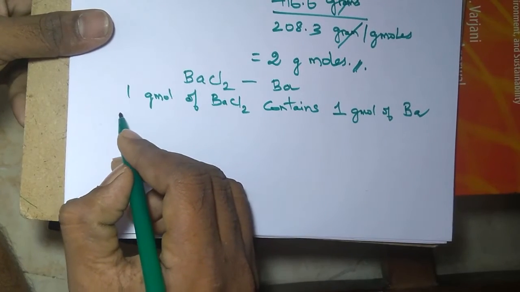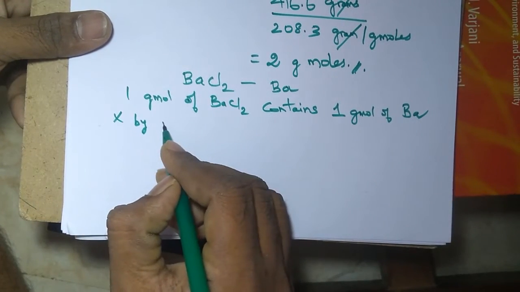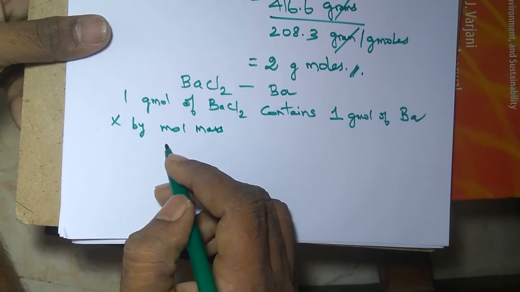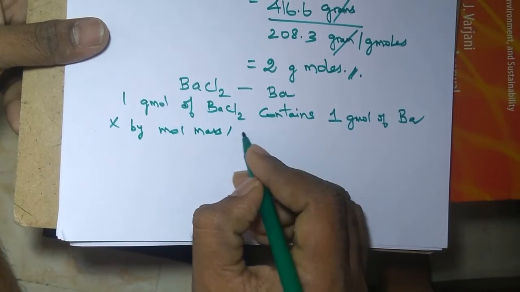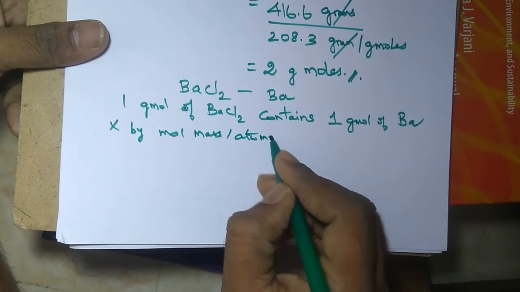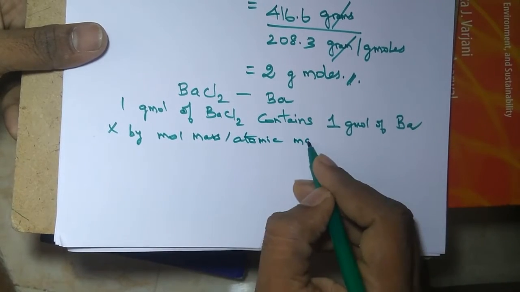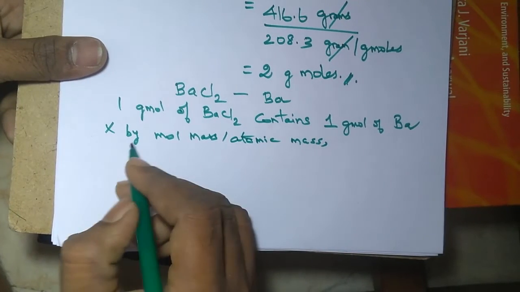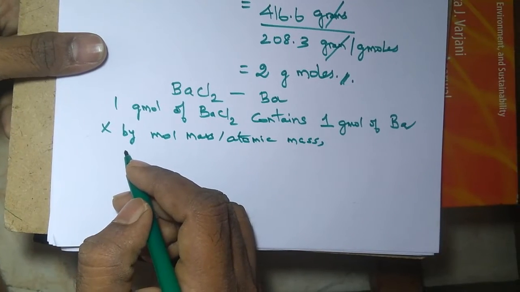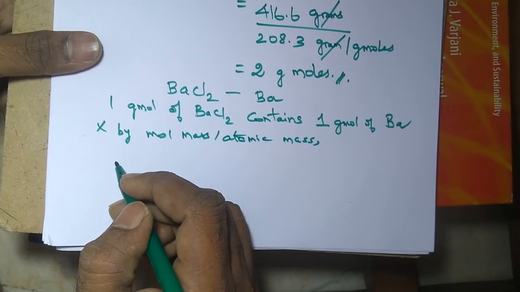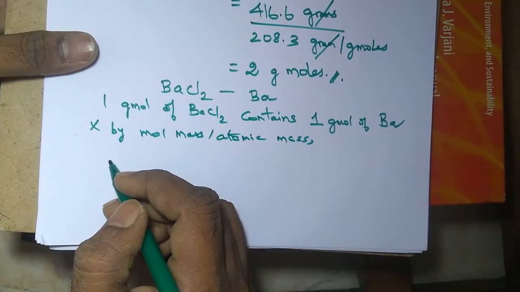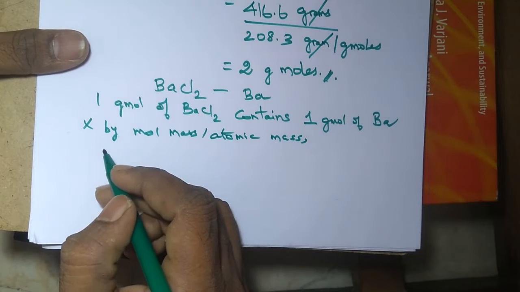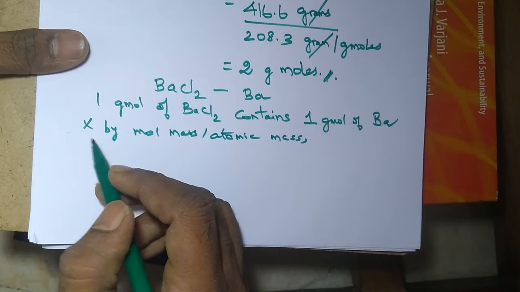Therefore 2 gram mole of barium chloride will contain... We don't need to multiply by molecular mass here, because the data is given in gram moles directly. If we were getting it in kg, we would have to multiply by molecular mass. So please write: 1 gram mole of barium chloride contains 1 gram mole of barium.